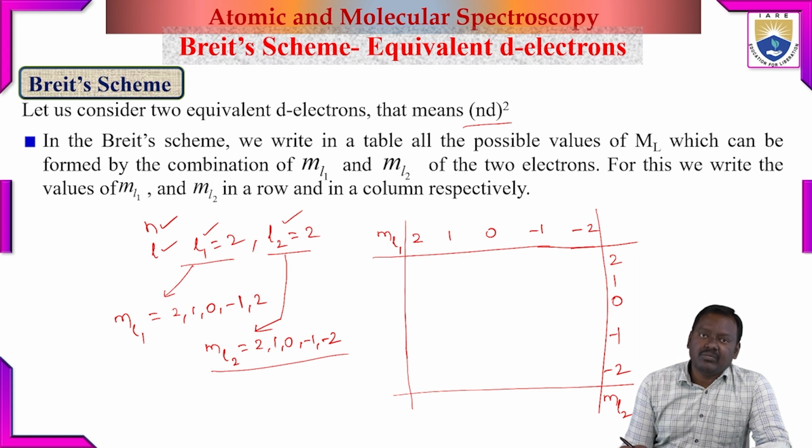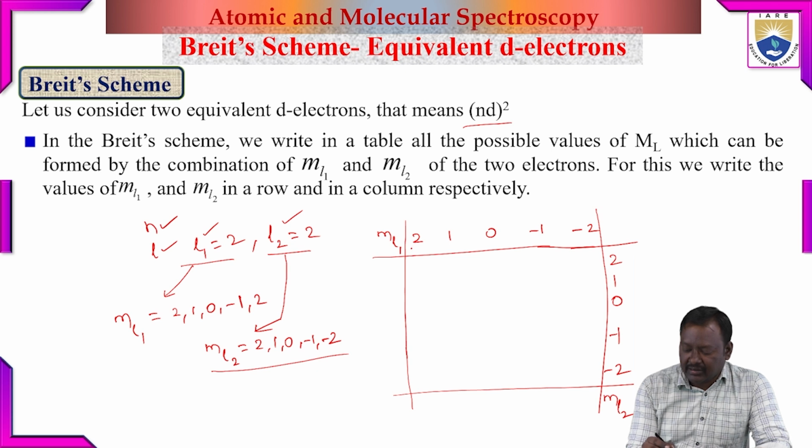Whenever we take the combination of two electrons based on their states of existing, we need to add up ML values to obtain the total orbital angular magnetic quantum numbers.